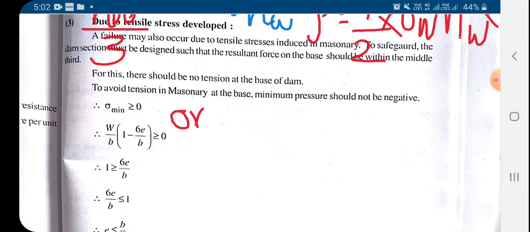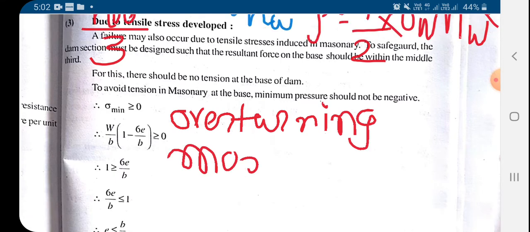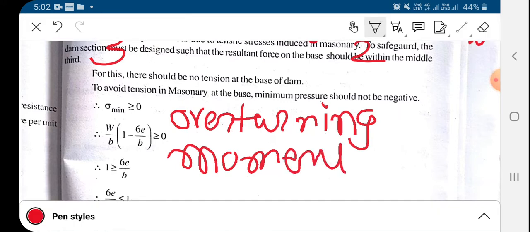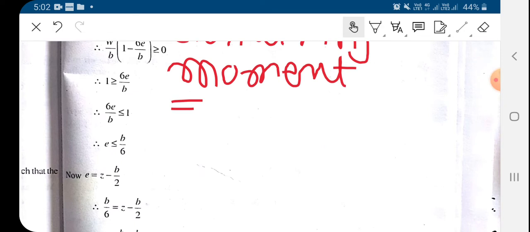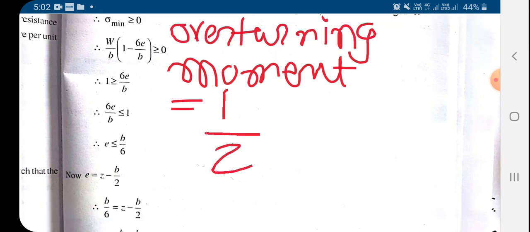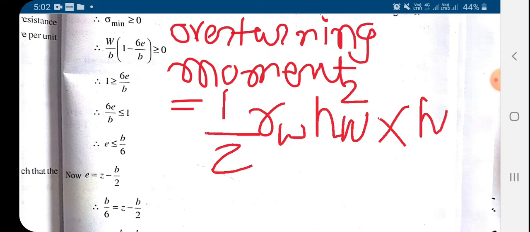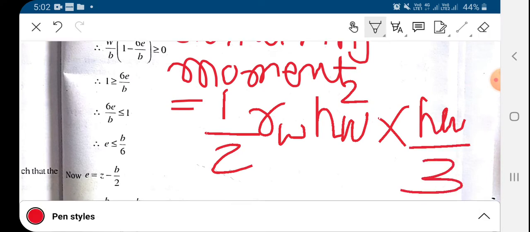So here in this case, overturning moment will be equal to the moment generated, and that will be equal to this force P, that is 1 by 2 gamma W HW square, acting at a height HW by 3.